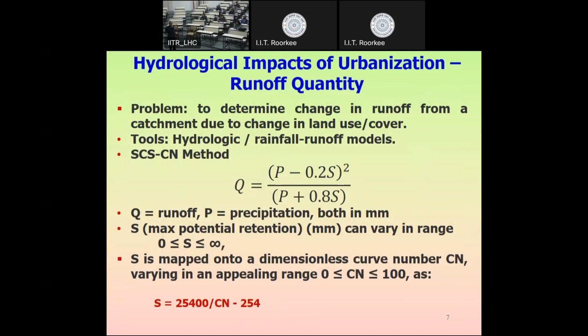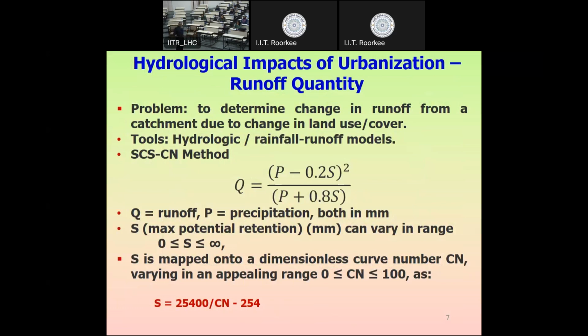The conversion from curve number to S is given by this equation: S equals 25400 upon CN minus 254. So if CN is equal to 0, then S becomes infinity, the upper bound, and if CN is 100, then S becomes 0, the lower bound. So in the SCS method, the watershed is represented by this quantity S and by this quantity CN.